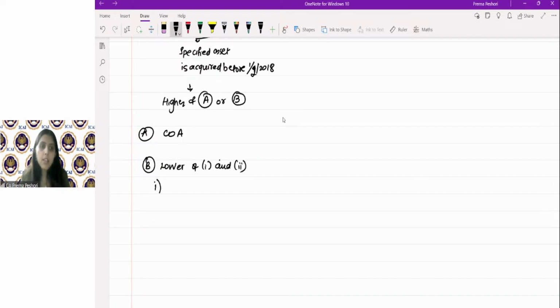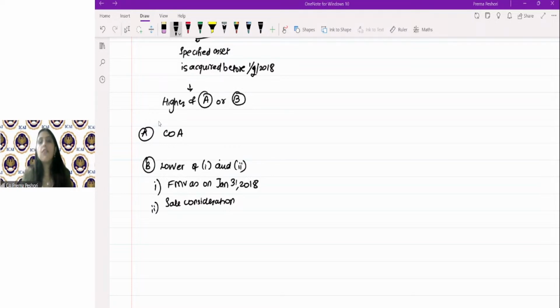Now, what is 1? 1 is fair market value as on 31st January 2018. 2 is the sale consideration. Are we clear? So higher of cost of acquisition or lower of FMV and sale consideration. Out of these two, I have to get the higher value.